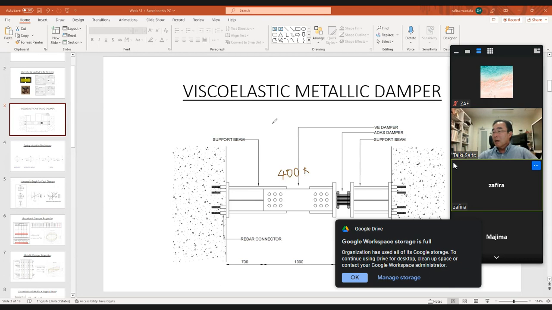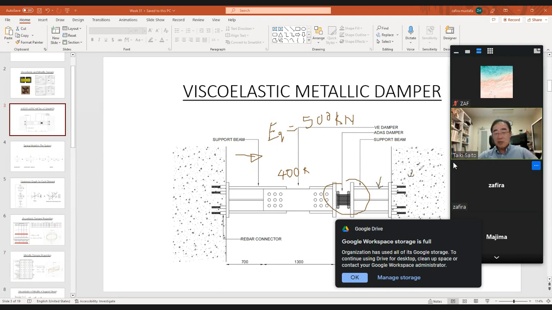So if the earthquake force here is more than 400, for example, 500 kilonewton, then this metallic damper will start to deform to avoid damage to the support and the wall.